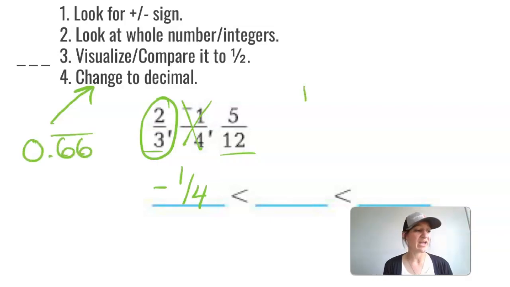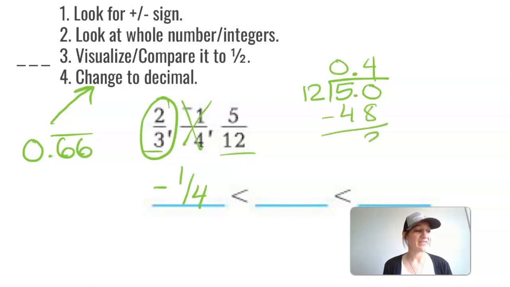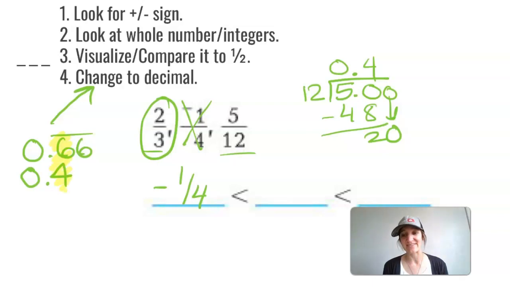So really the only work I have to do is how many times can 12 go into 50? And the answer is 4. And there will be a remainder. I could keep going, but honestly, if I line it up, I don't need to go any further because I already have a difference in the tenths place.